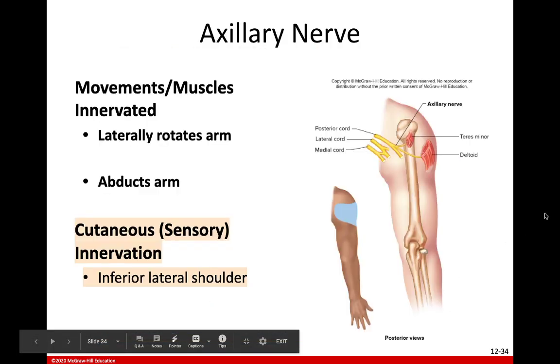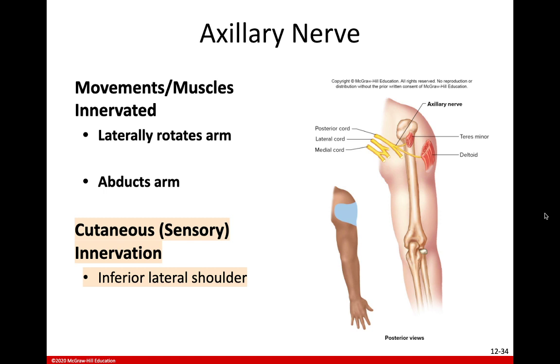Now, looking at them individually, I'm not going to ask you a lot about what each is doing, but I am pointing out here the sensory, the cutaneous innervation, so that you can see what part of the skin and connective tissues these nerves are innervating. Again, these nerves innervate muscles.